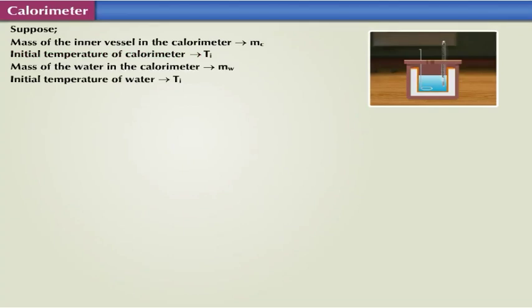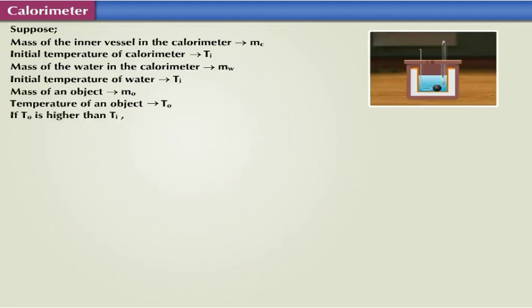Suppose we place an object of mass Mo and temperature To in the calorimeter. If the temperature of object To is higher than that of the calorimeter or water Ti, then the object will give away heat to the calorimeter and water.